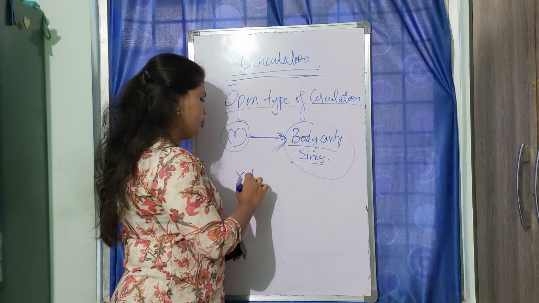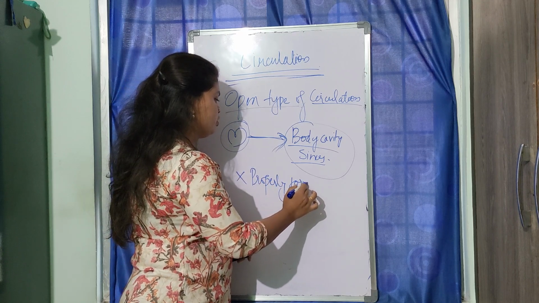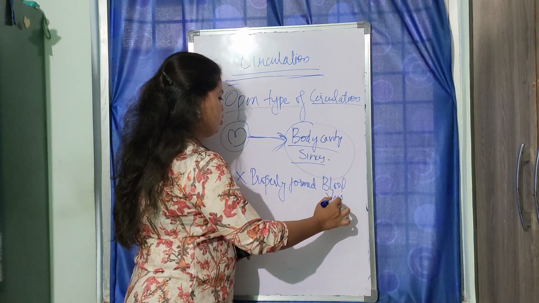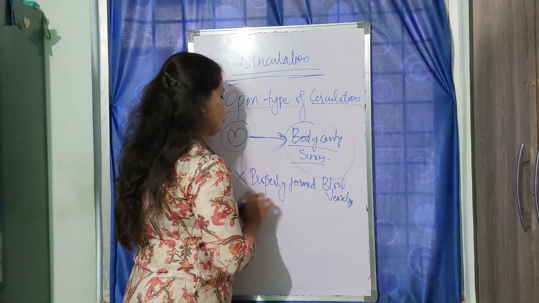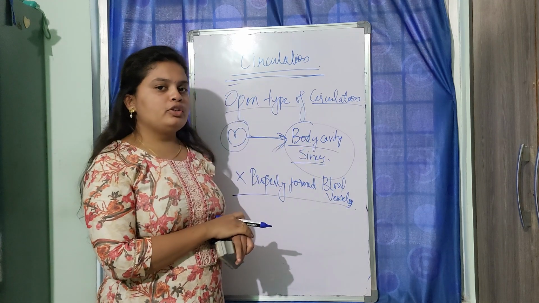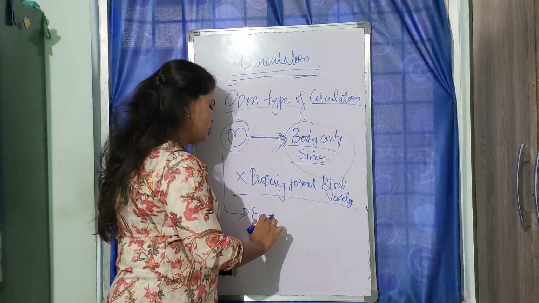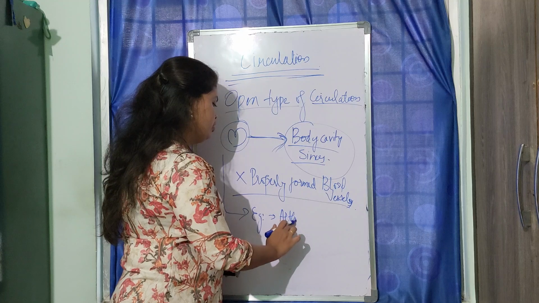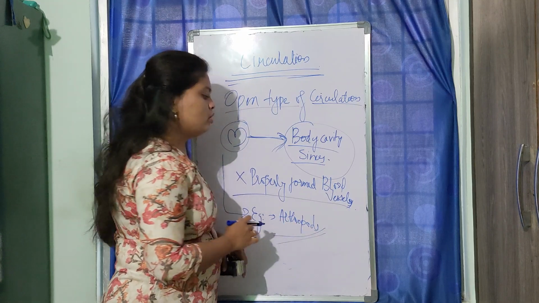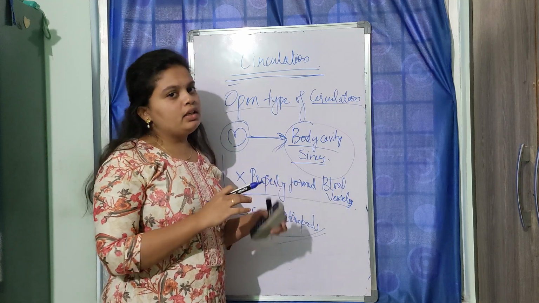So there are no properly formed blood vessels here, and the organs are directly bathed in blood, and this type of circulation is seen in arthropods, where the heart pours all the blood into the body cavity and the organs receive the blood by bathing in that blood.